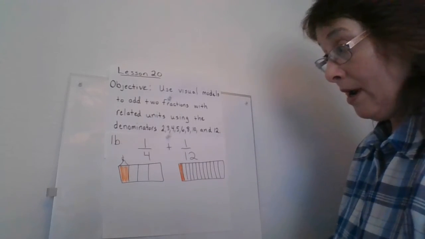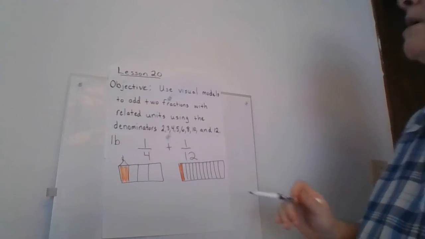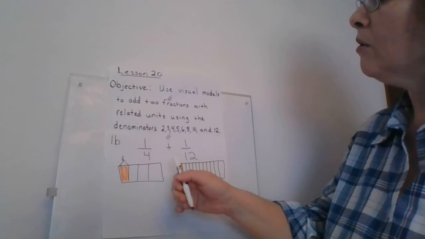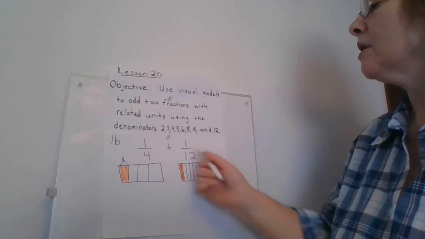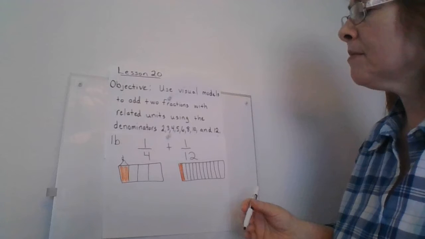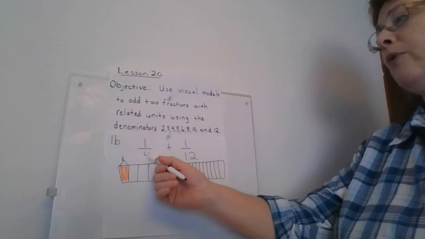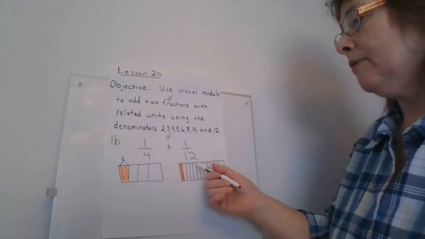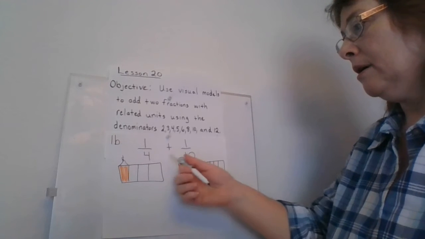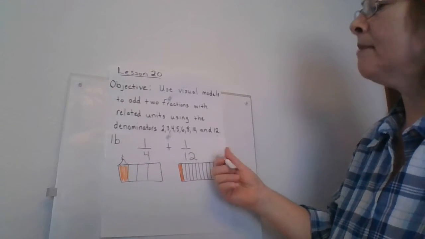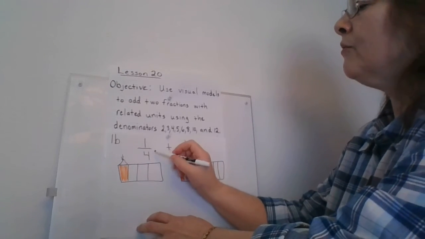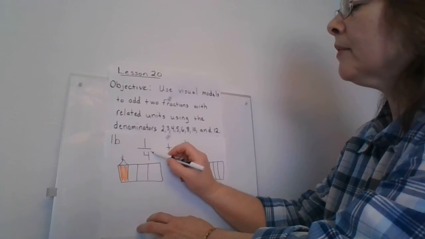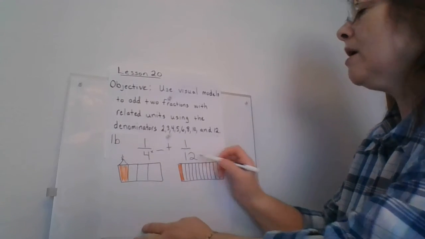So now I have my two tape diagrams, but as we know, we cannot add fractions when the denominators are not the same, so I have to change the 4 into 12. And since I have to make it bigger, that means I'm going to multiply. So 4 times what number will give me 12?